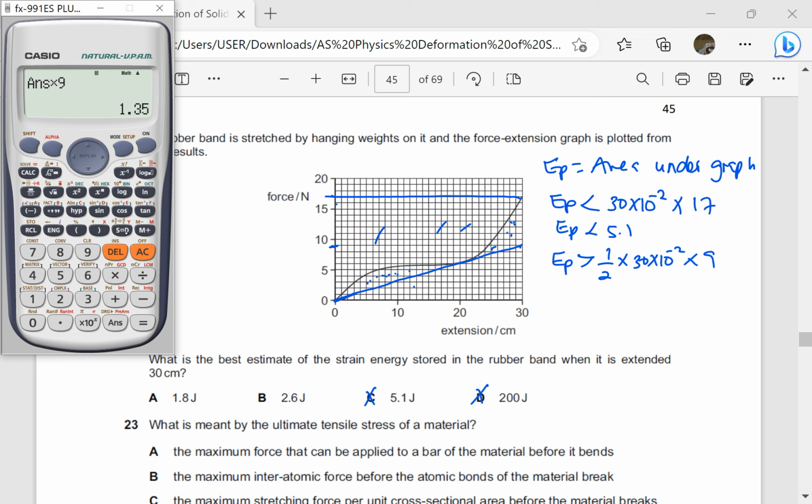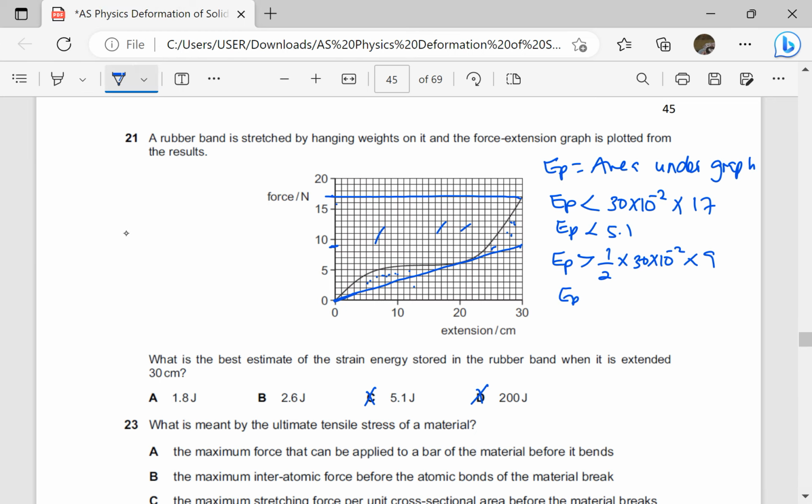So this gives us 1.35. So it means the elastic potential energy should be greater than 1.35 or 1.4. So that means these two are still available.